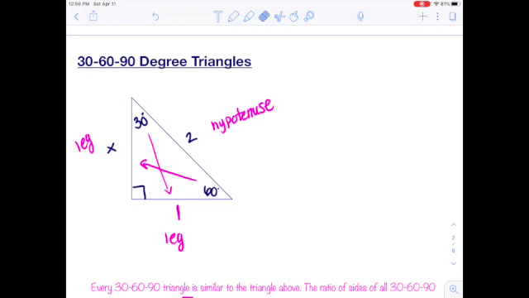And how you determine which one is bigger is you look at the angle that is opposite the side. So I know 30 degrees is the smallest angle in that triangle, so I know the leg of 1 will be my smallest side.